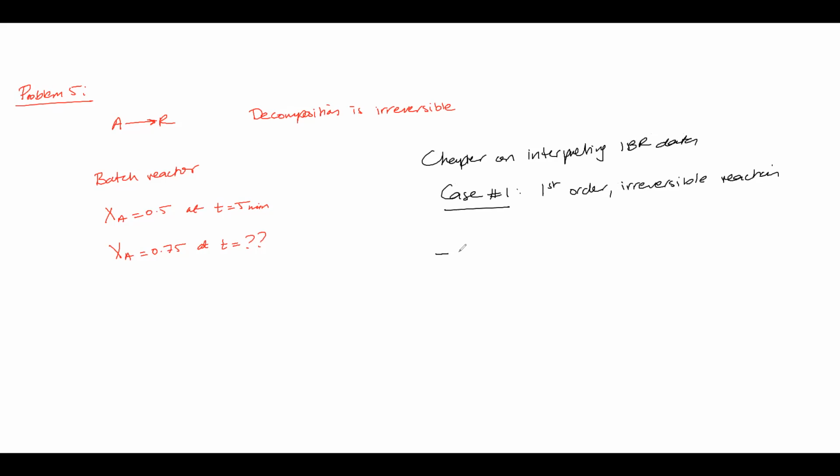The equation we're going to use is minus ln Ca over Ca naught is equal to Kt, and this translates to minus ln 1 minus Xa is equal to Kt.